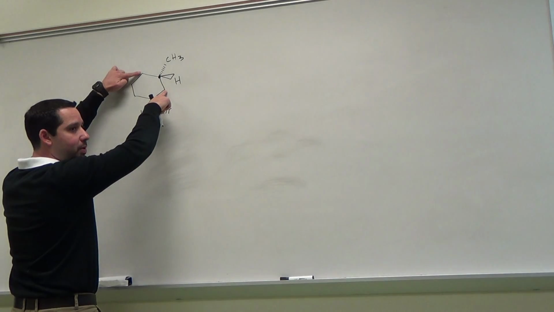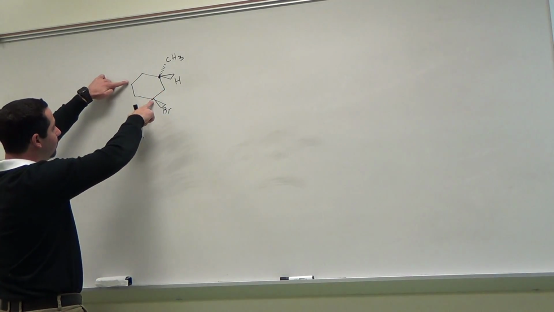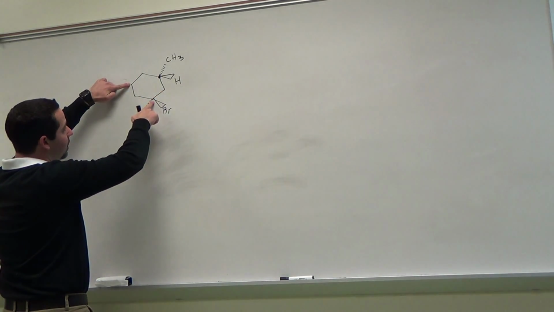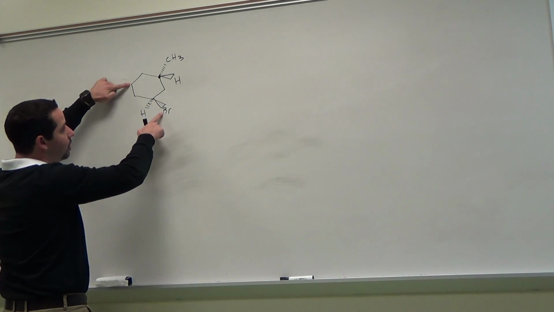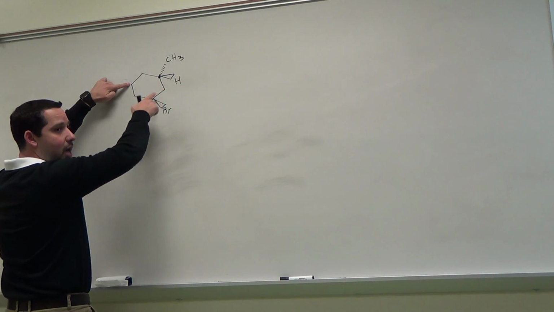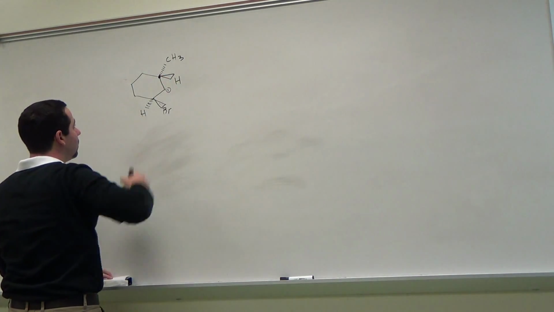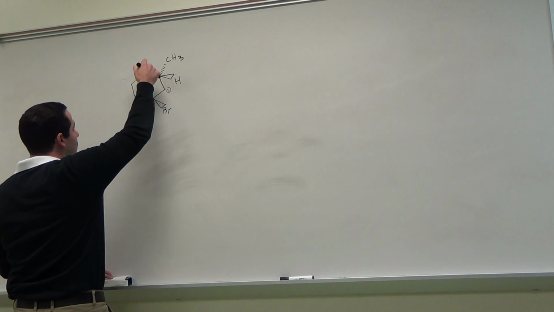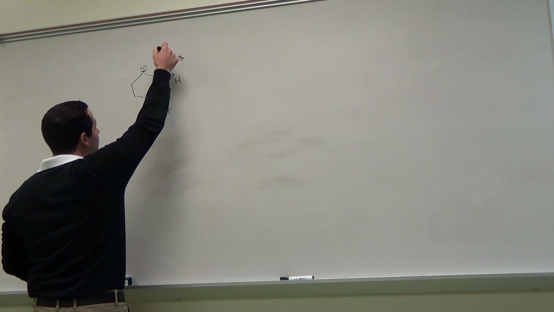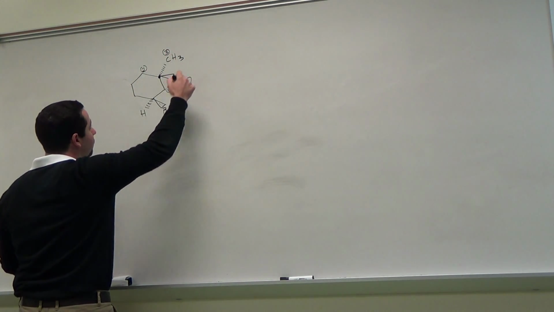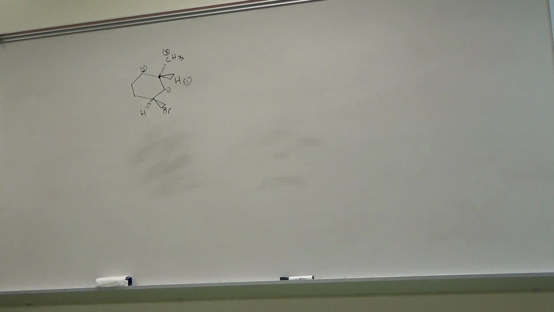So you can determine it based on that. You go to the next one. Here's a CH2 and here is a CHBr. So this side has a higher priority. So this is priority 1. This is priority 2. This is priority 3. And this is priority 4.